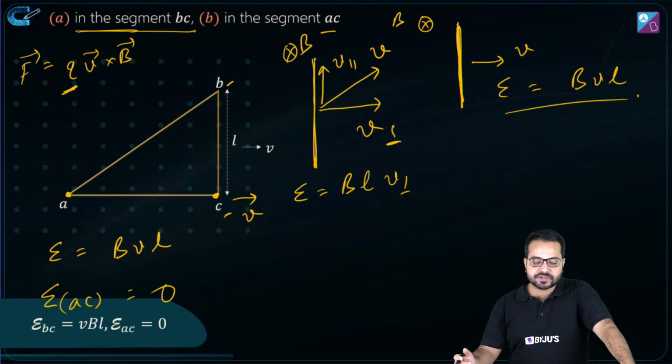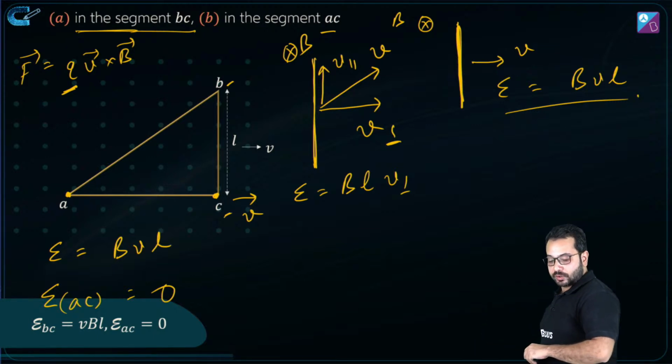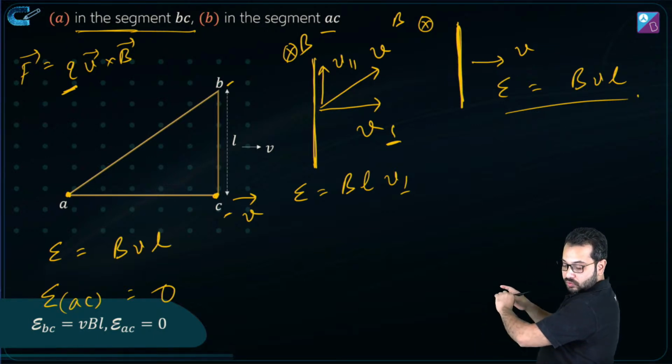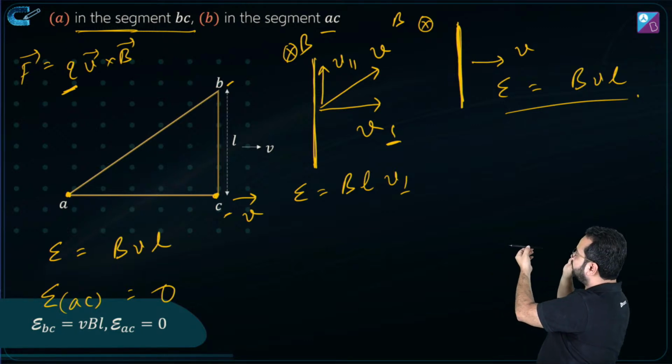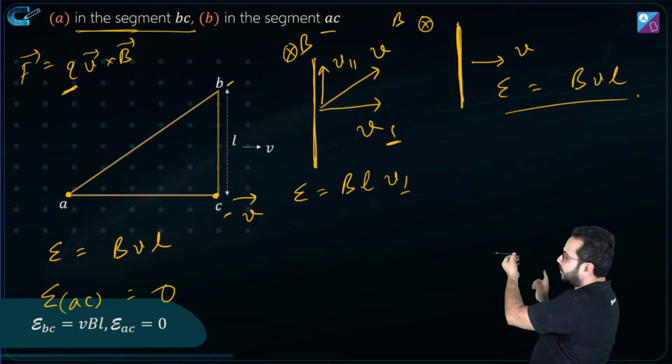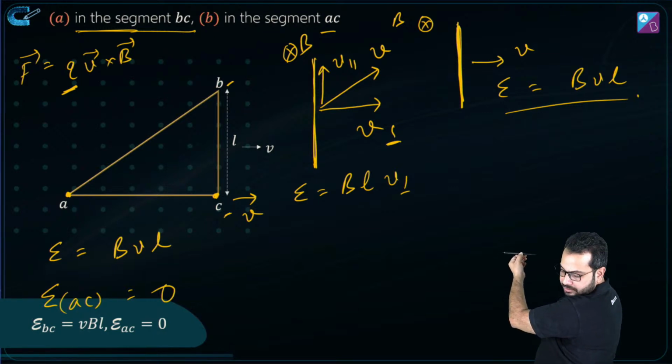So we have to do a V cross B. And how do we do V cross B? I'm going to turn so that I'm seeing you. The direction of V is going to be from right to left according to you. Okay, from right to left.